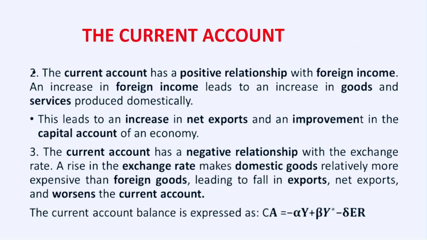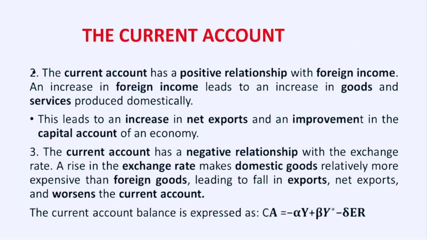Three is that the current account has a negative relationship with the exchange rate. So a rise in the exchange rate, if the exchange rate increases domestically, it means domestic goods are now relatively expensive. They are more costly than foreign goods. Foreign goods are cheaper than domestic goods. So any rational person will prefer to buy foreign goods rather than domestic.